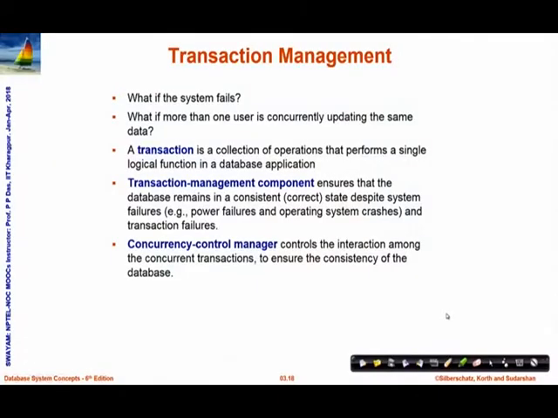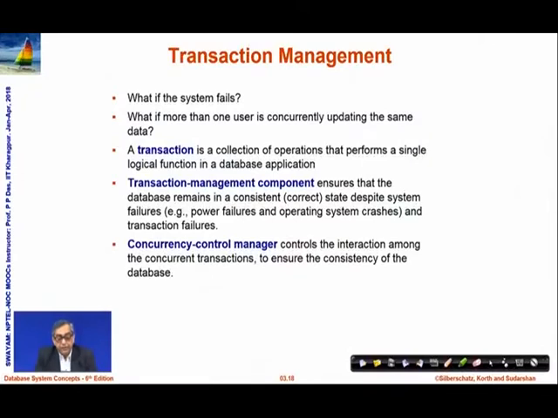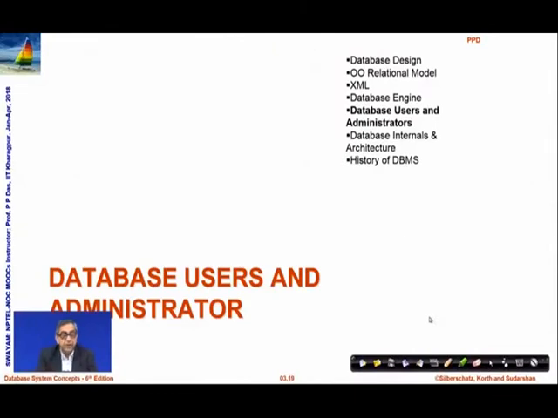In spite of failures, in spite of concurrencies, it must make sure that at no point of time an amount has been debited from an account and not credited to the corresponding account, or credited and not debited, or the same seat, same berth is booked by two persons at the same time, and so on. This also includes the concurrency control manager, which controls the interaction among different concurrent transactions, ensures the consistency in the database and provides total safety.